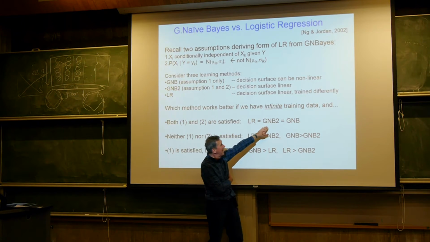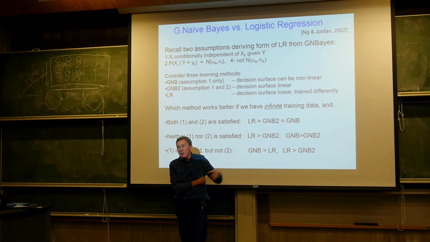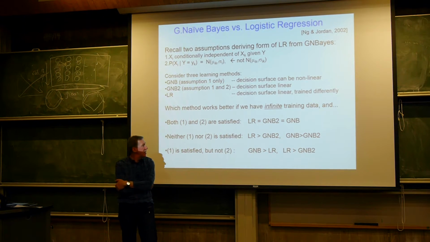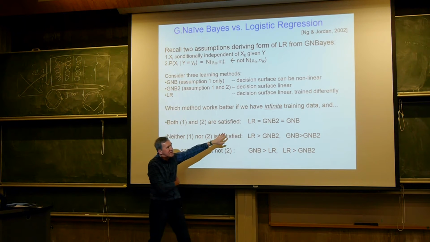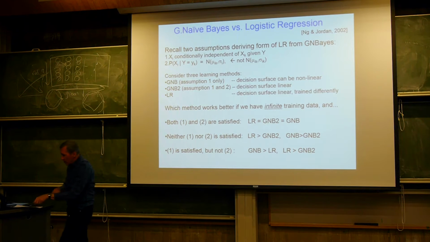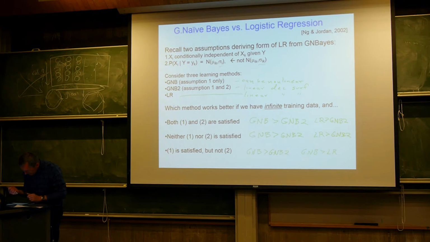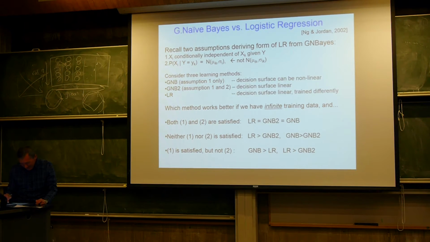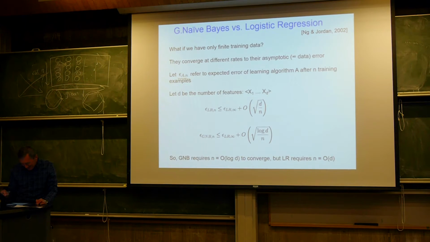And I didn't make the mistake when I did my homework version of it. You're right. In the first case, if both are satisfied, all these things are equivalent because they will all be able to represent it. Oh, wow. Big mistake. Okay. I'm going to change this because we'll get in trouble if we post these slides. Thank you. Extra credit points. For correcting errors made in class, you get extra credit.